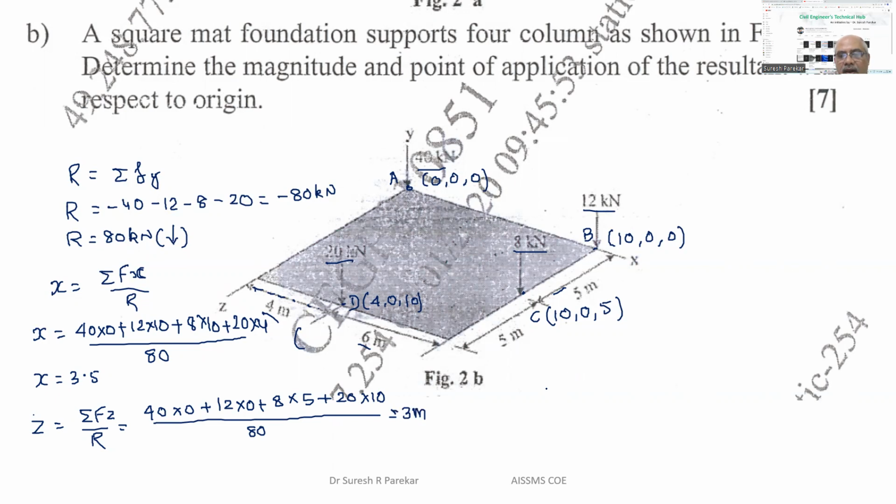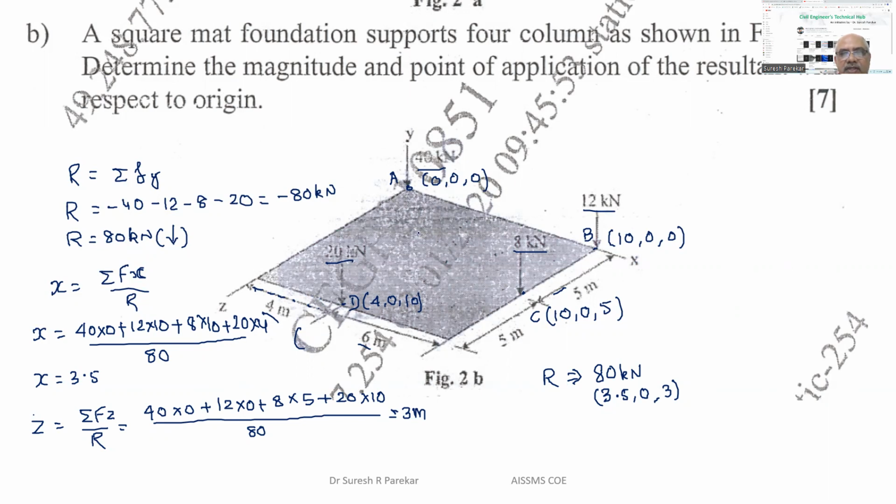So we have a resultant R of 80 kilonewton, and coordinates we have 3.5, y is 0, and z is 3. Means if I try to plot it, x I have 3.5 and z I have 3.